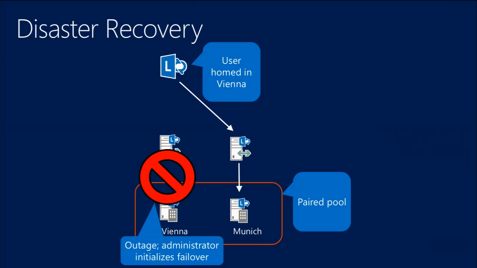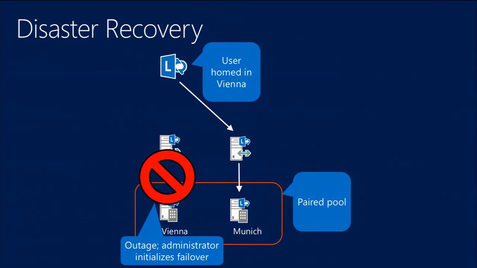Now I get that site back up. I can flip everything back with Invoke-CsPoolFailback, get the edge services back up and running, right? This will help not only in disasters of the entire data center, it could even help if this particular pool went down. Right? I could flip over this edge to actually talk to its next hop being Munich if I so desire. So lots of DR capabilities that we have now with edge that we didn't have before.